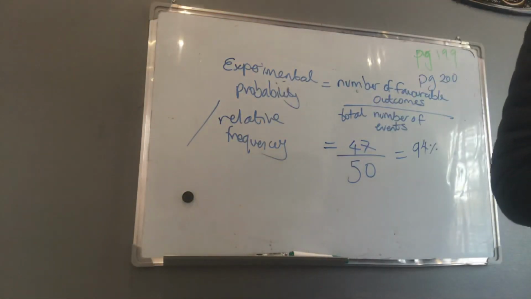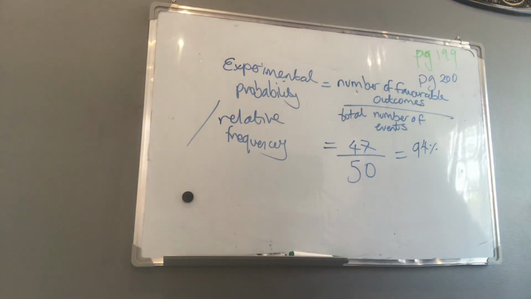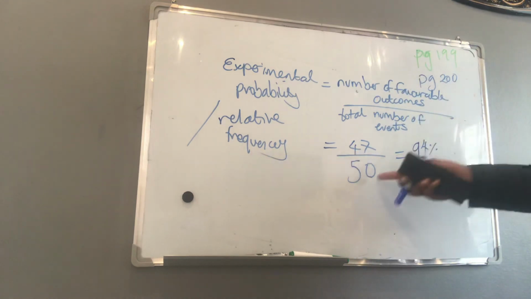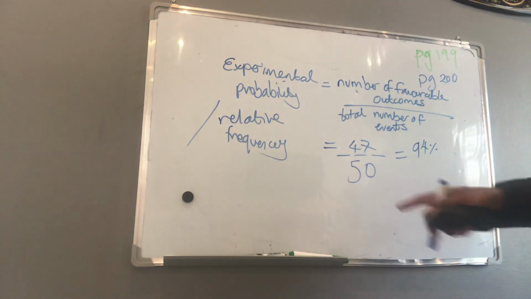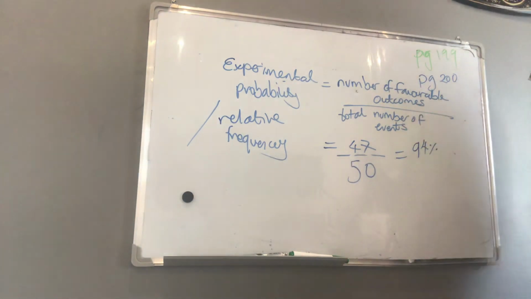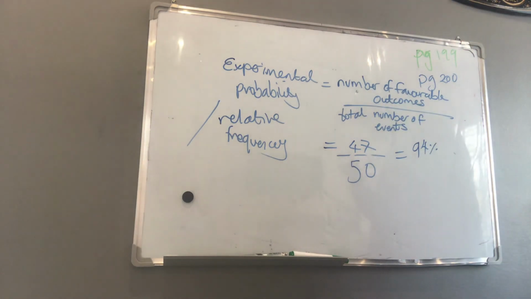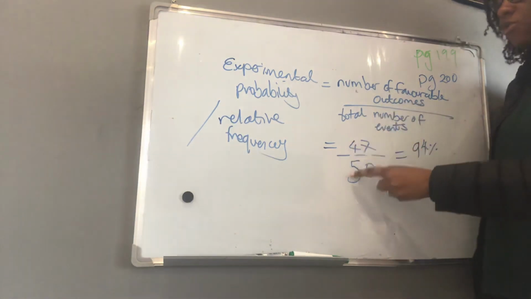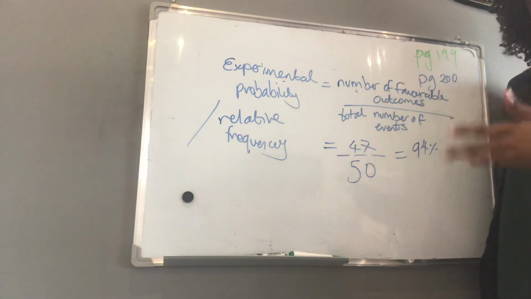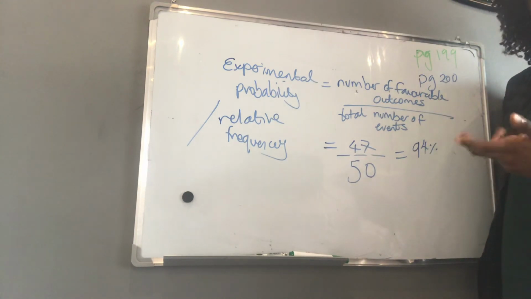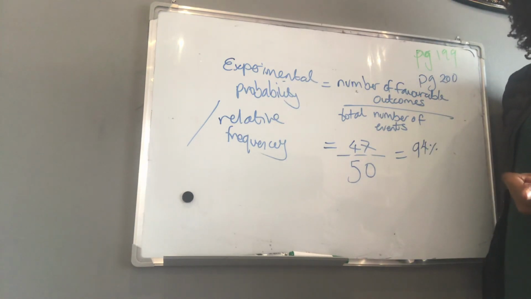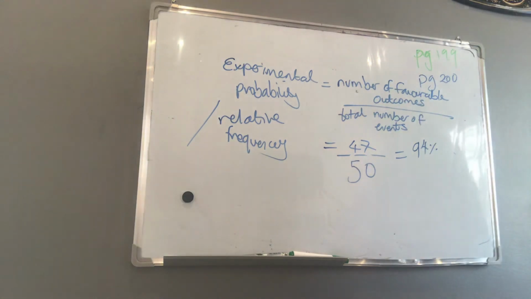After a repeated number of trials, we can say it is the number of times the event occurred relative to the number of trials, so the number of favorable outcomes relative to the total number of times we ran the tests or did the trials.